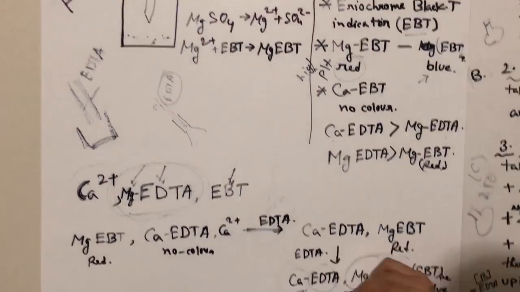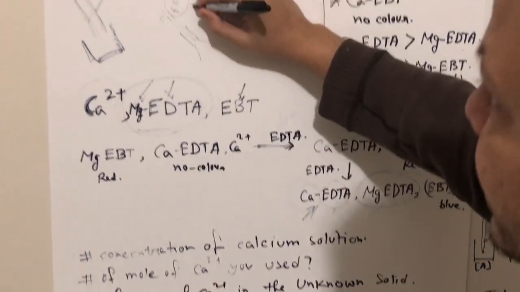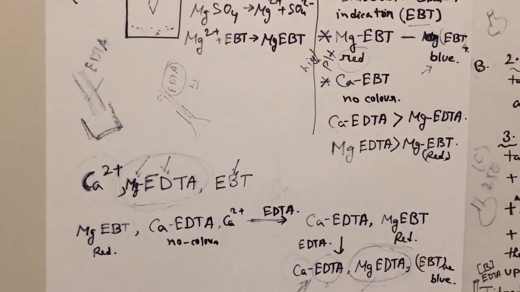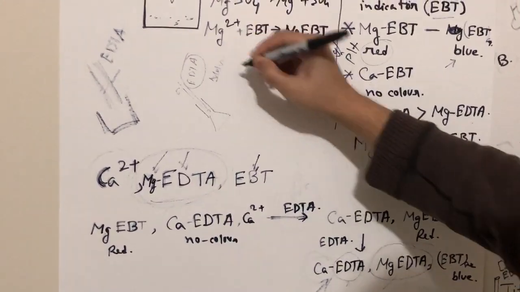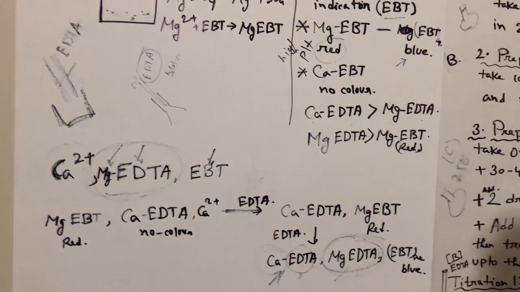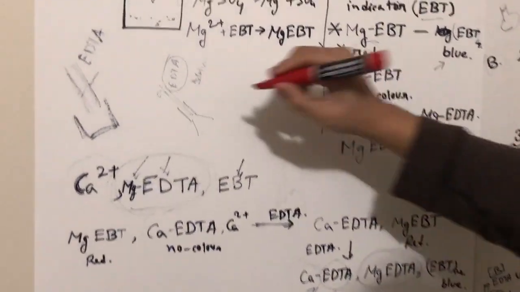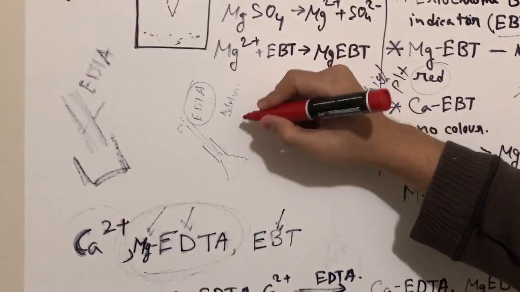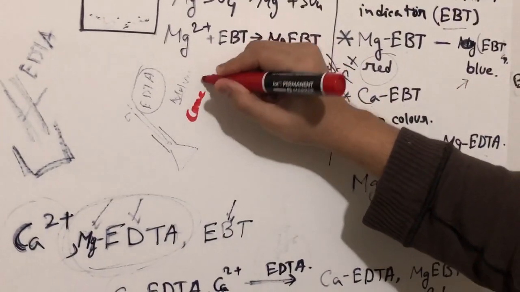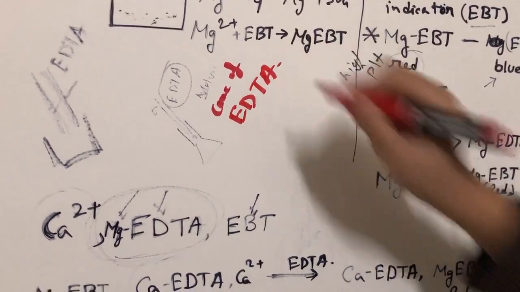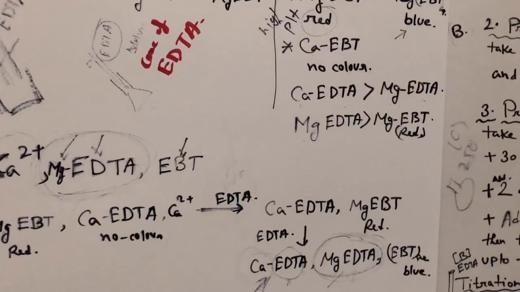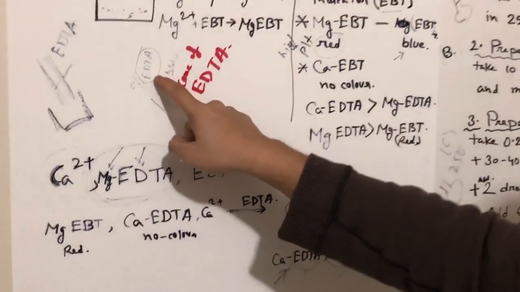So if you know the volume of the burette, and if you know the concentration of the EDTA, then you know the number of moles of the EDTA, right?